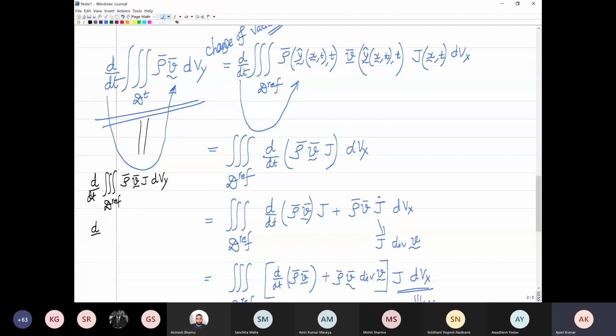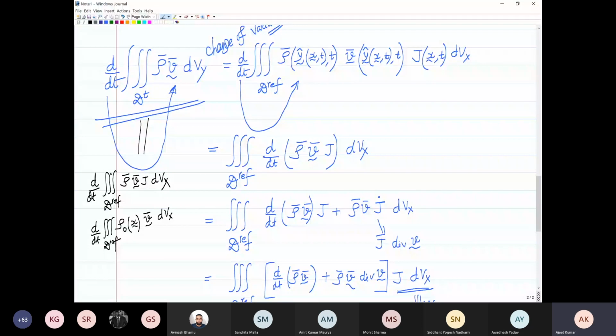You see this rho bar times j. From the Lagrangian form of mass continuity, what is rho bar times j? Isn't that rho naught of X, the referential mass density? So that's rho naught times velocity, dVx.